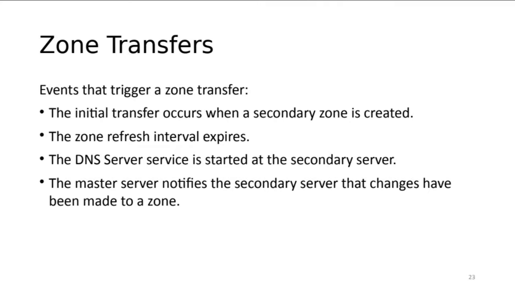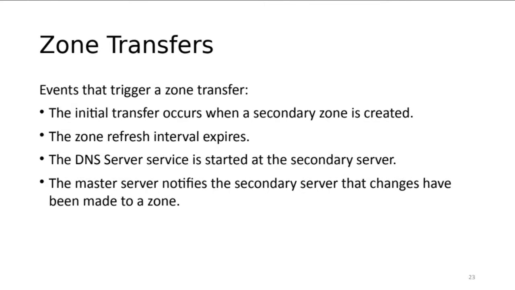When you start it at the secondary server, it needs to do the zone transfer. Or the master server notifies the secondary server that changes have been made to a zone, so please do the zone transfer. So these are the 4 events that could trigger a zone transfer.